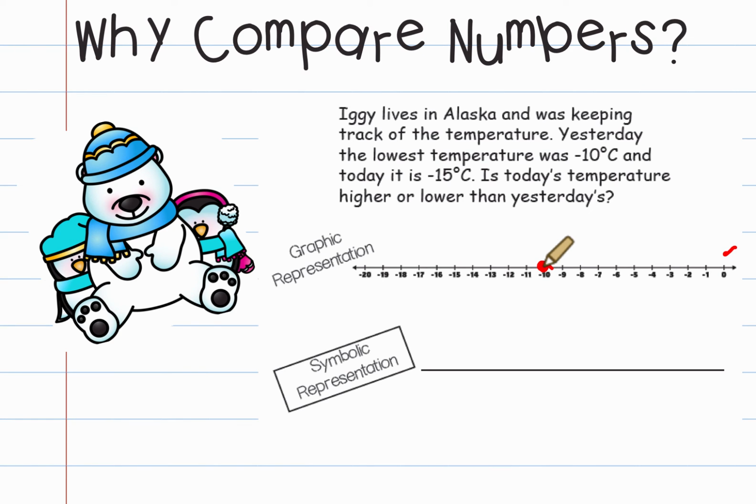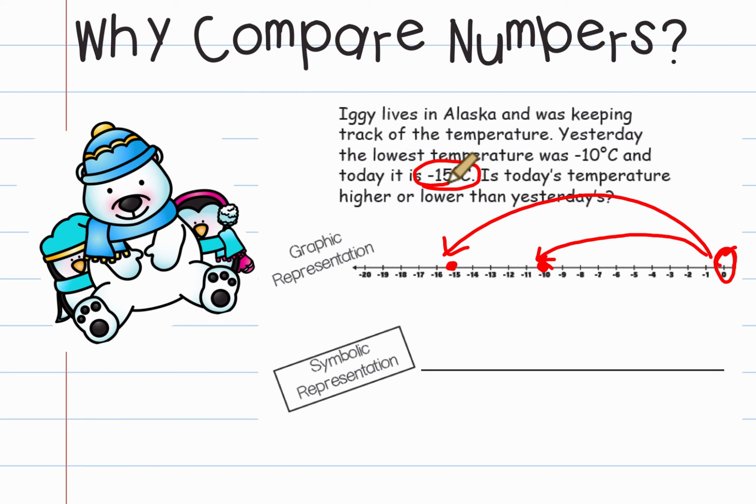And then the next day, the temperature's -15 degrees Celsius. Well, which one is the furthest away from 0? Well, -10, then -15. So if my question was, is today's temperature higher or lower? Well, I would know that it was the temperature that was -15 degrees because it's farther away from 0.